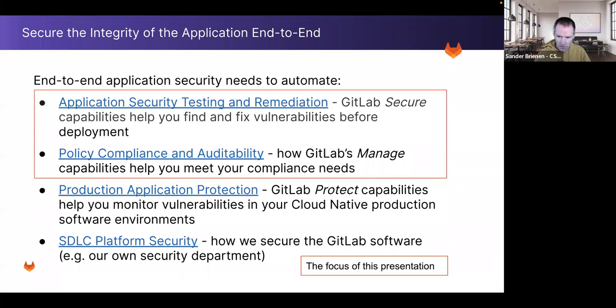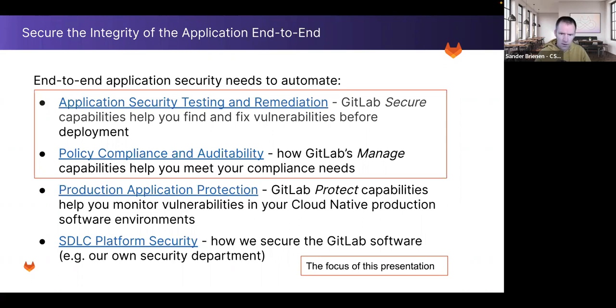For example, application security testing and remediation, or policy compliance and auditability is something that you want to automate. But also production application protection, so protect your application in production and secure your platform where all your secrets can live, etc. In this webinar, we're going to focus only on how GitLab secure capabilities can help you find and fix vulnerabilities, and how GitLab's manage capabilities help you meet your compliance needs.